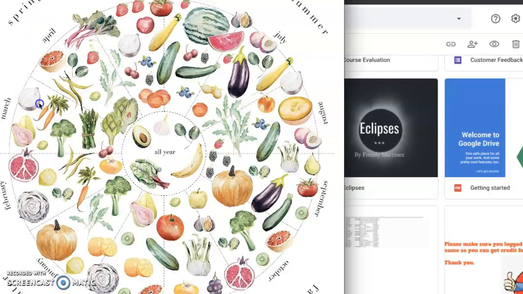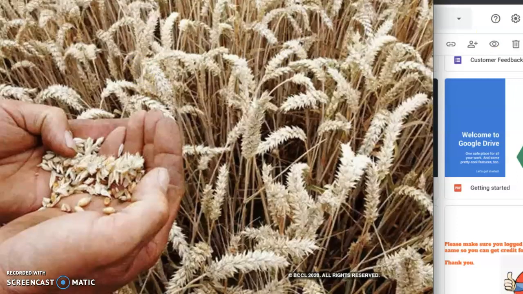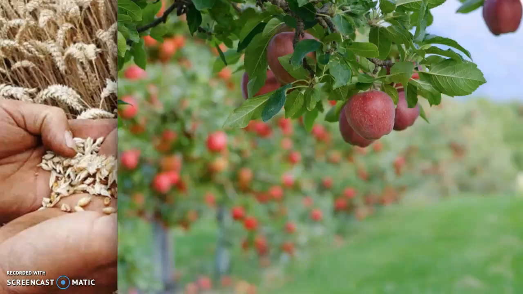There are many crops, like fruits and vegetables, that grow only during certain seasons, and very few crops that grow all year round, like garlic, avocado, bananas. I think this is spinach. Stuff like wheat and apples only grow during certain seasons.